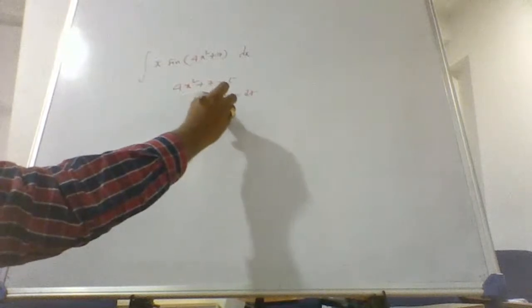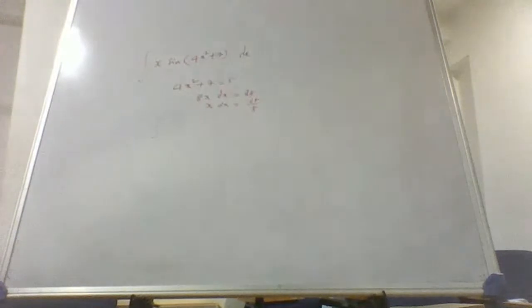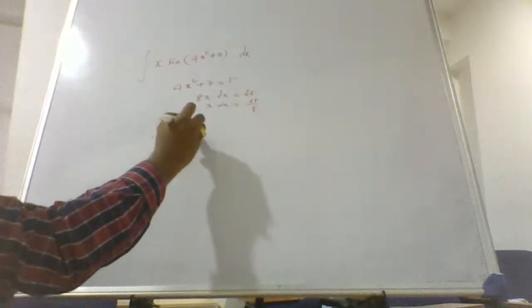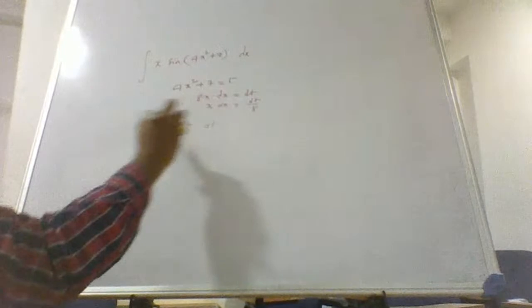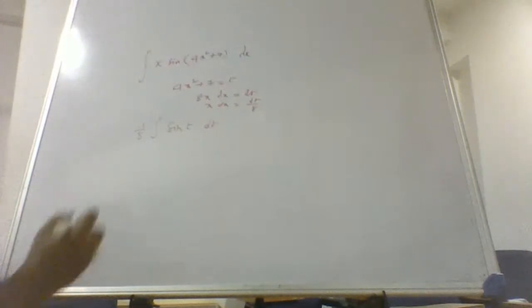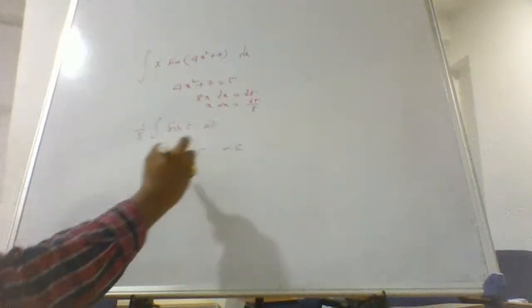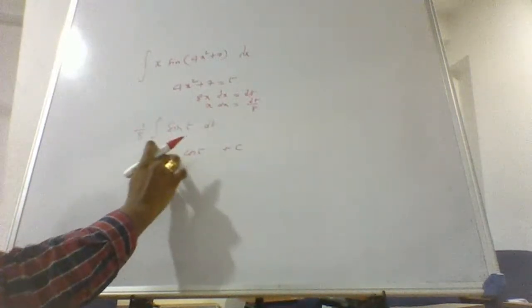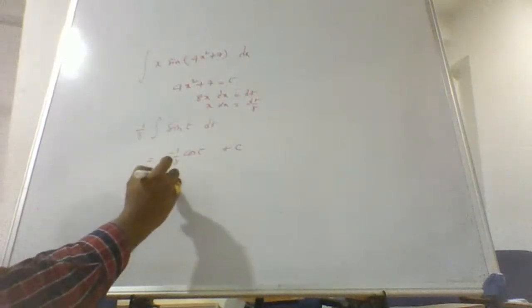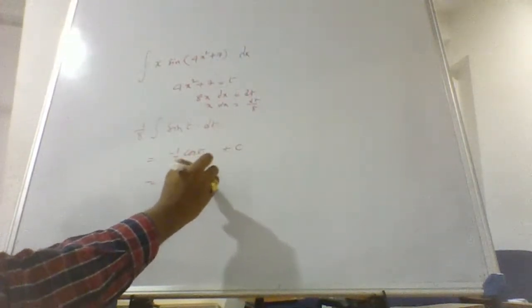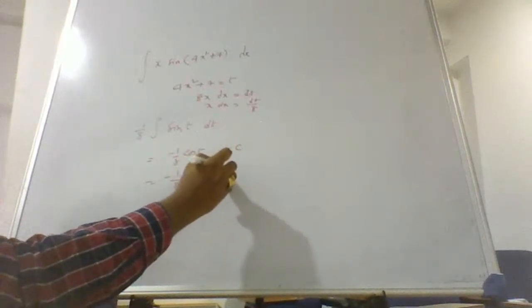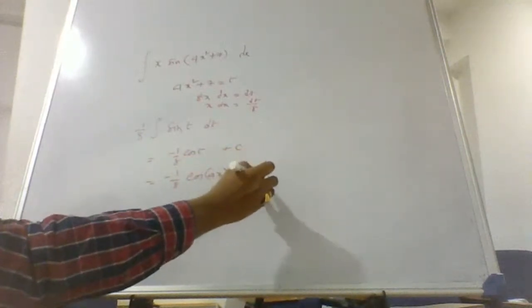So I want x dx, which is dt by 8. So the integral of this being sine t and dt by 8, so it is 1 by 8. Now the integral of sine is minus cos, so minus cos t plus c. So this is minus 1 by 8 cos of t, which is cos of (4x square + 7), plus c.